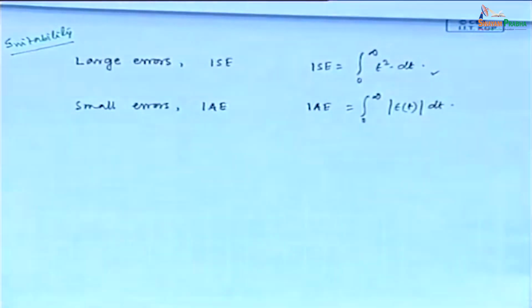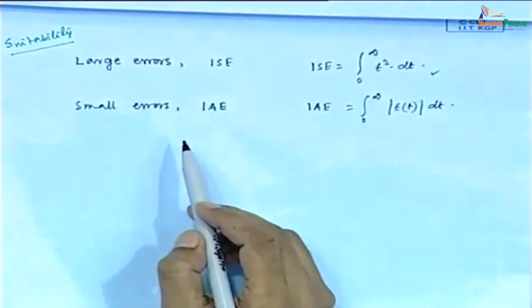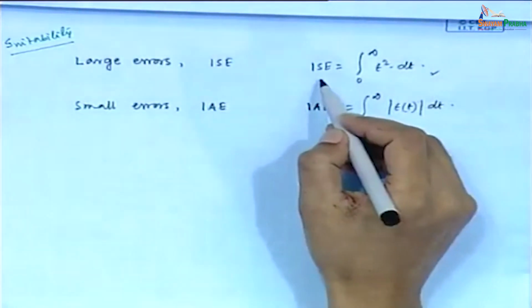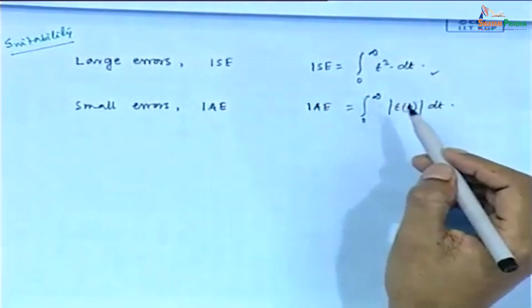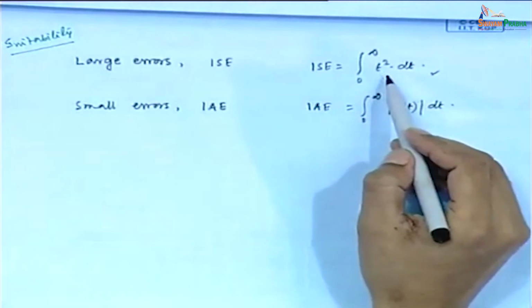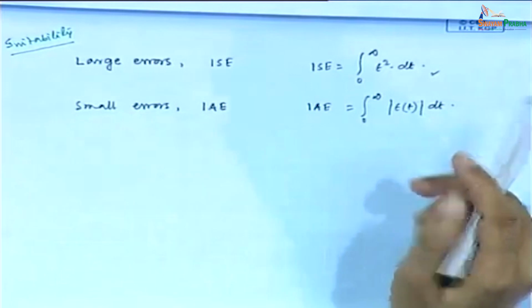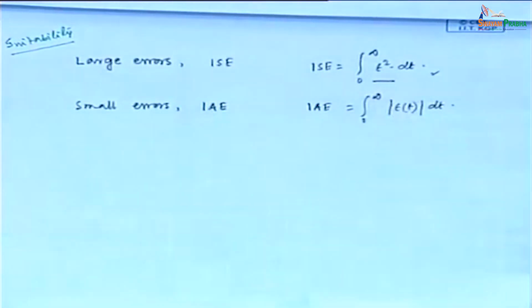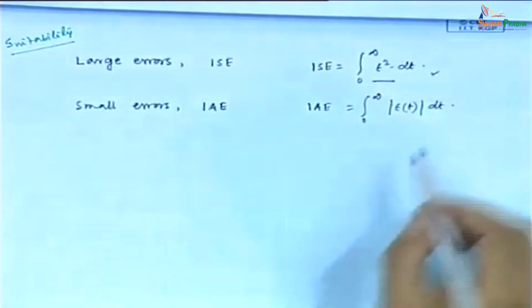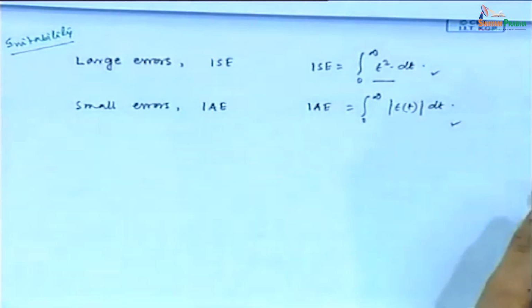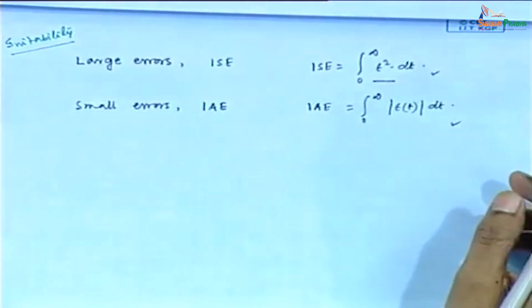If small errors are involved, the ISE performance criterion is not used, because if you take the square of small errors, this term becomes even smaller. Therefore, the IAE performance criterion gets preference when small errors are there.